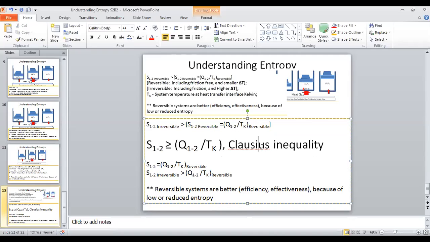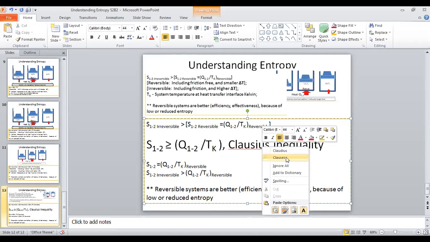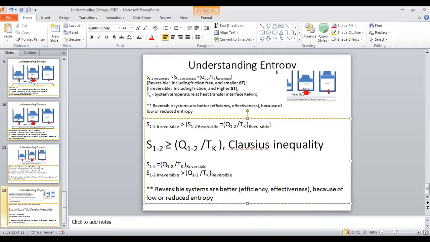If I'm not mistaken. Okay, Clausius. Spelling should be okay. Let me see.